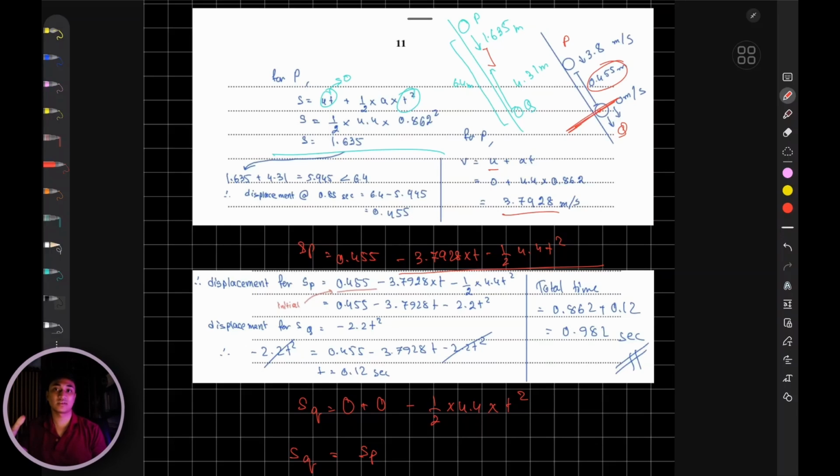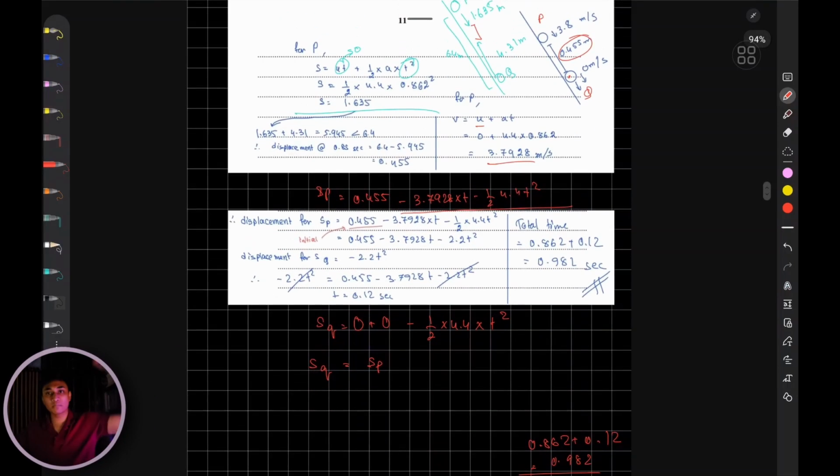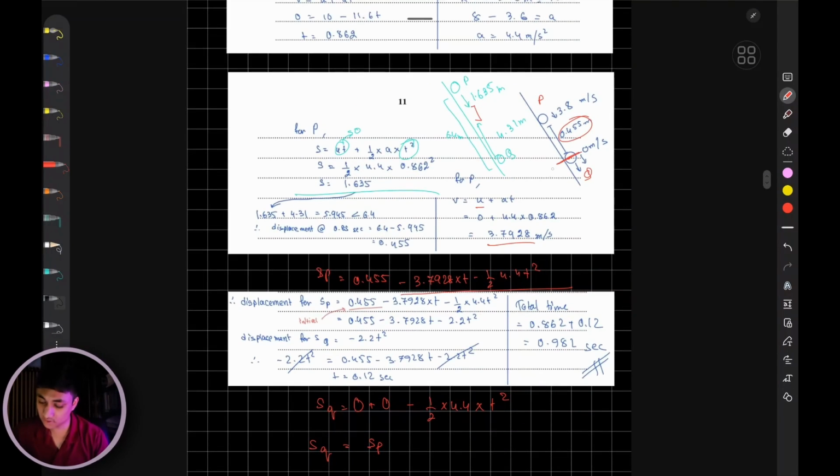That is why we added this initial extra bit of displacement in case of P's equation. So hopefully you can understand why this is arguably where most of the people I've seen not understanding where the equation comes from, which is why I'm putting so much stress on why I'm adding 0.455 meters. So at some point, both the displacement of SP and SQ is going to be exactly the same compared to this position, because they're going to come in contact.